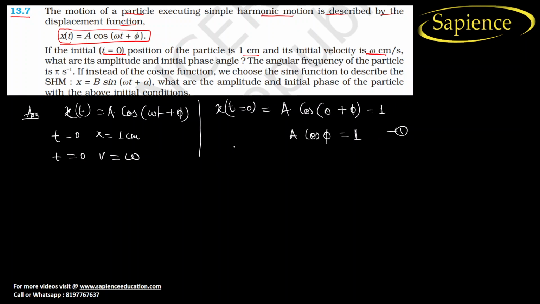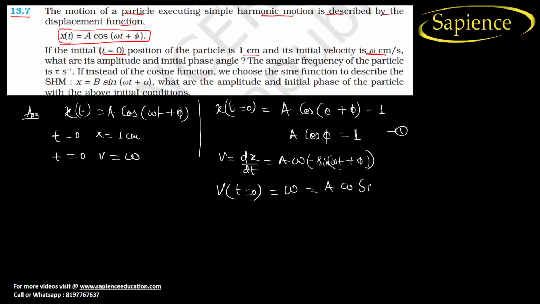This is one equation. And velocity is equal to dx by dt, which is equal to A omega times minus sine(omega t plus phi). Now velocity at t equal to 0, as per the given condition, is equal to omega, and this is equal to A omega sine, with t equal to 0, so this will be 0 plus phi.